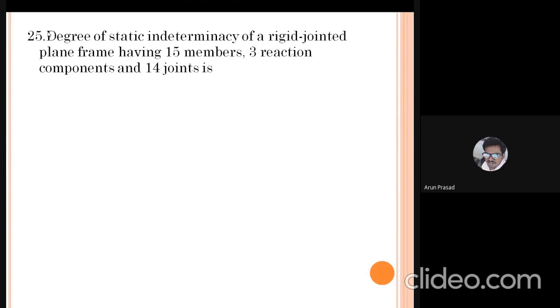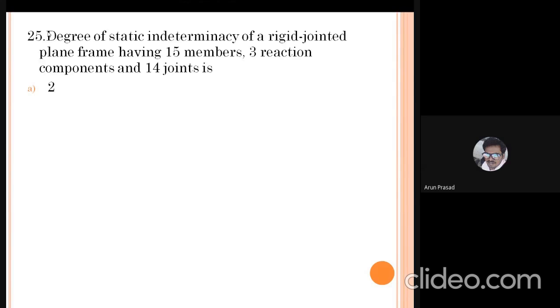Degree of static indeterminacy. Here we need to find the static indeterminacy for a rigid jointed plane frame. Assume a rigid plane frame having 15 members, 3 reaction components and 14 joints. What will be the degree of static indeterminacy?